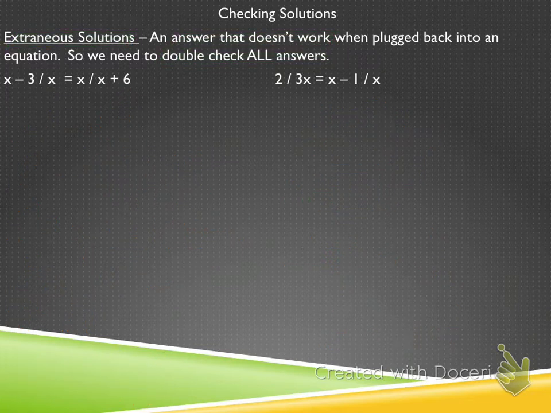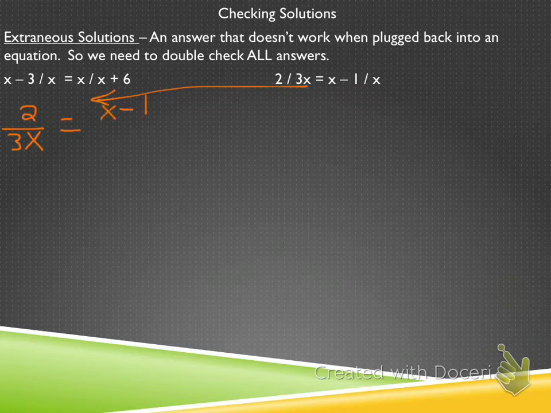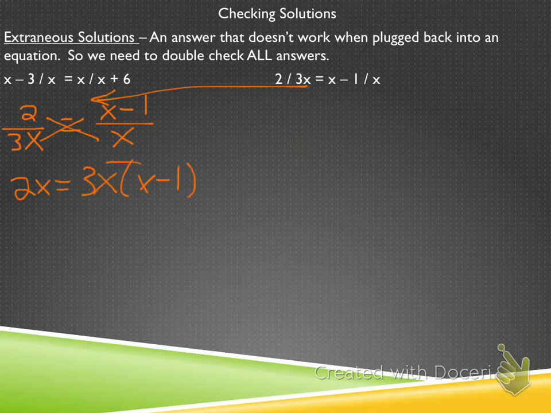For the second one, I'm actually going to do this over here as well. So I'm going to go 2 over 3x equals x minus 1 over x. Cross multiply, so I get 2x is equal to 3x times x minus 1. Distribute, so 2x is equal to 3x squared minus 3x.